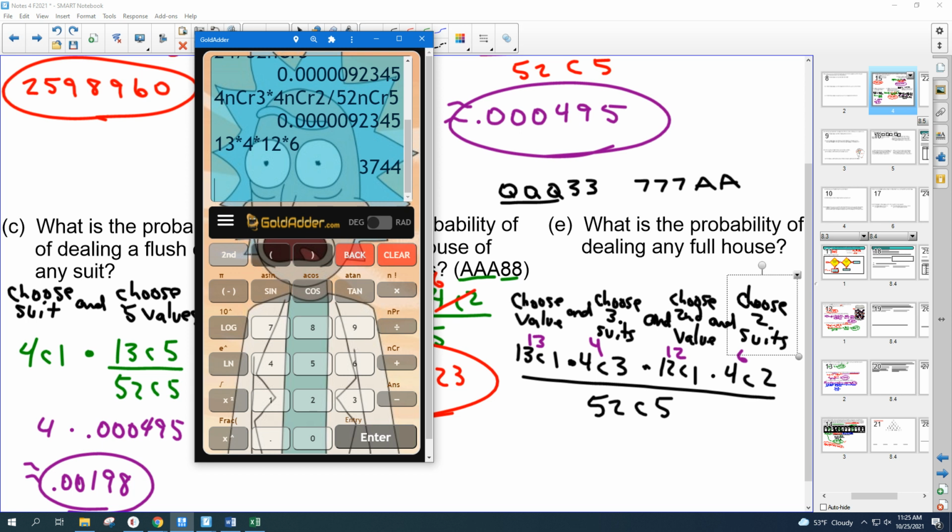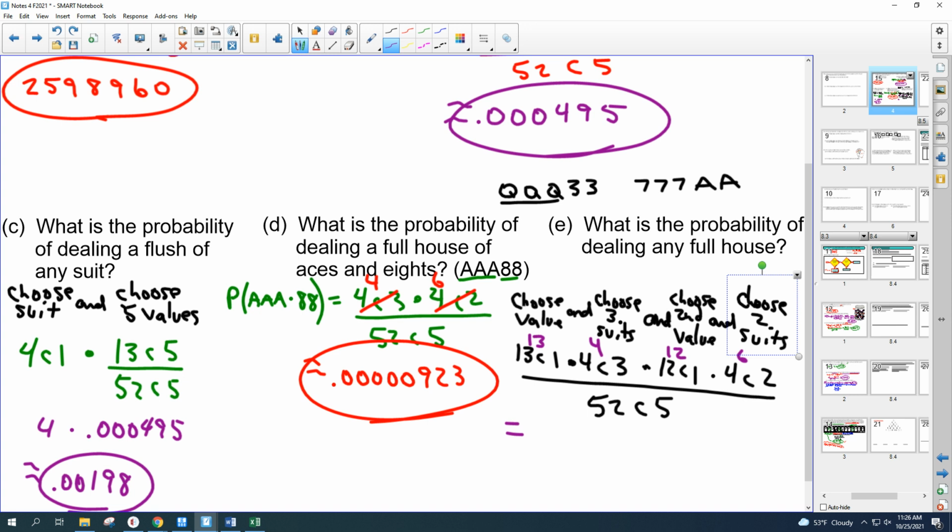So when we did this question before, how many full houses are there? 3744. All right. But I don't want how many, I want probability. So this is going to be 3744 over 52 choose 5, which was 259,890.